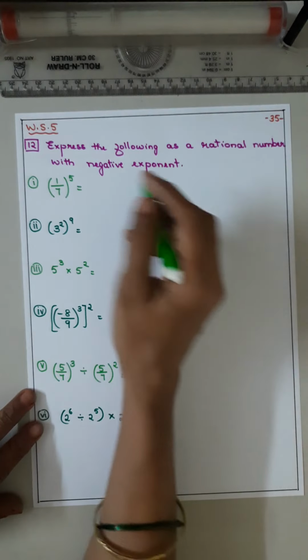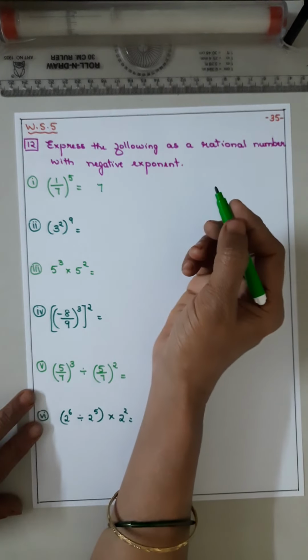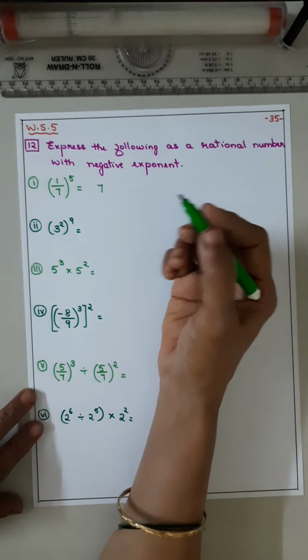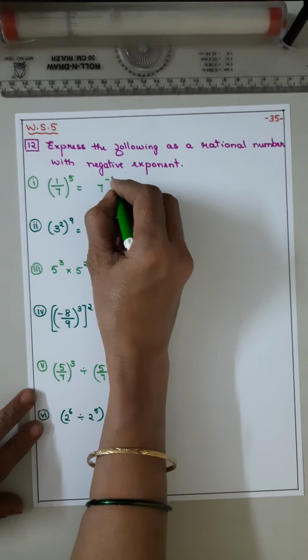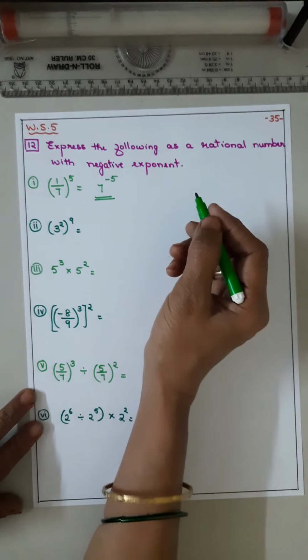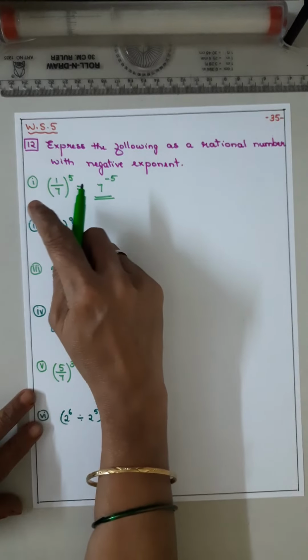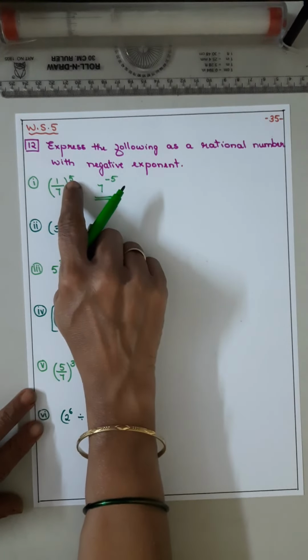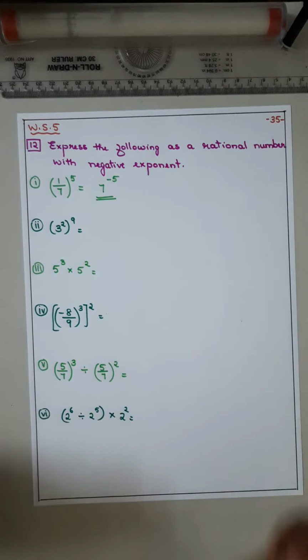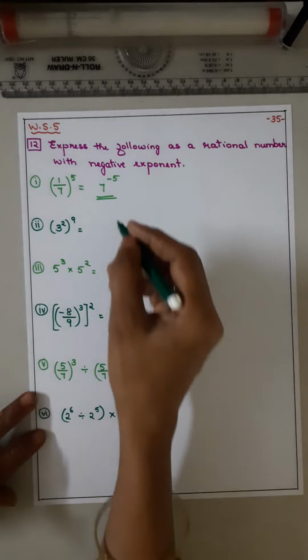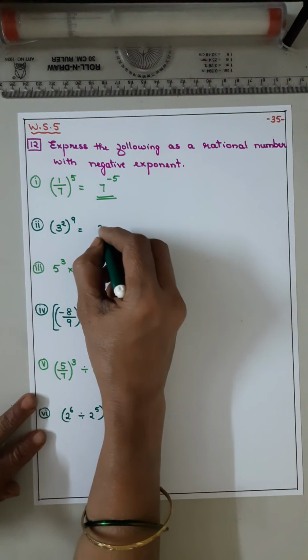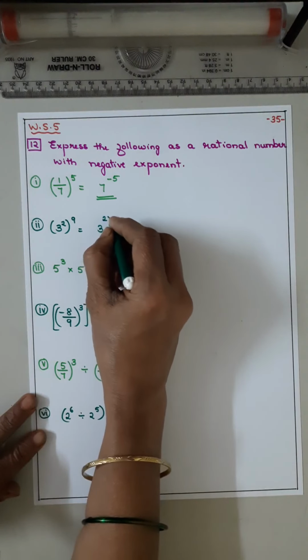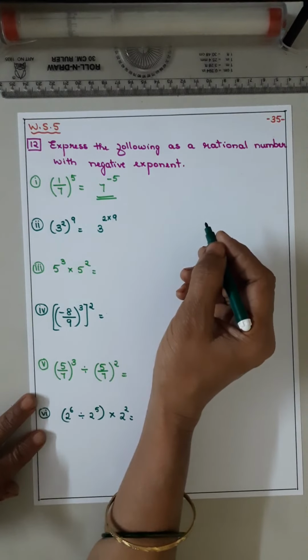पॉजिटिव को नेगेटिव करो. सो 1/7 का रेसिप्रोकल क्या है? 7. द पावर इज -5. अंडरस्टूड? 1/7 का रेसिप्रोकल 7 और पावर 5 को -5 करने का. नेक्स्ट (3 स्क्वायर) द होल रेज टू 9. द ब्रैकेट है तो मल्टीप्लाई the powers.